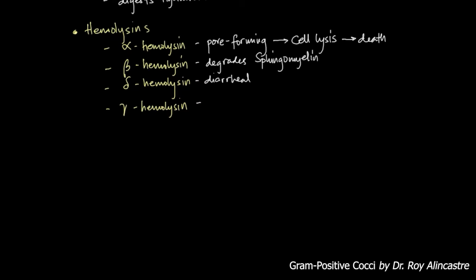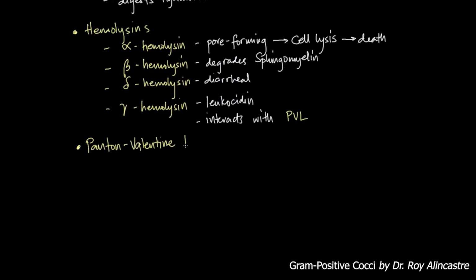This is a leucocidin that lyses WBCs, and this gamma toxin can also interact with another toxin called the Panton-Valentine leucocidin, or PVL. PVL is also a pore-forming toxin that kills cells, especially white blood cells. That's why it's called leucocidin.